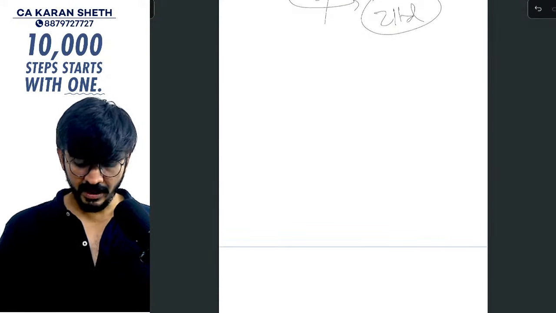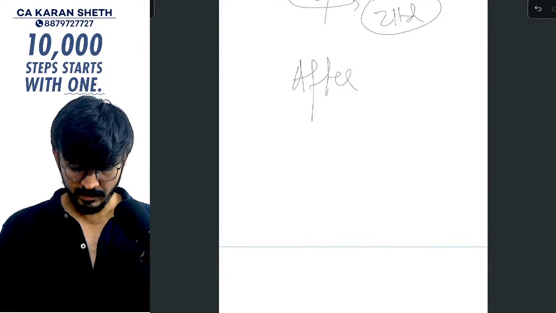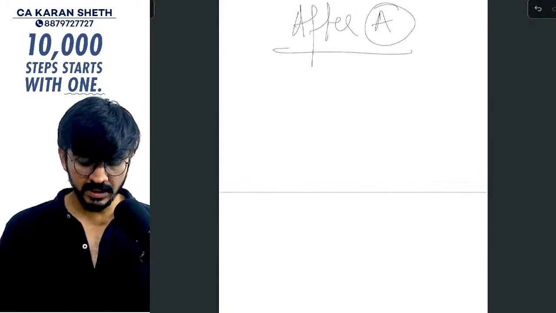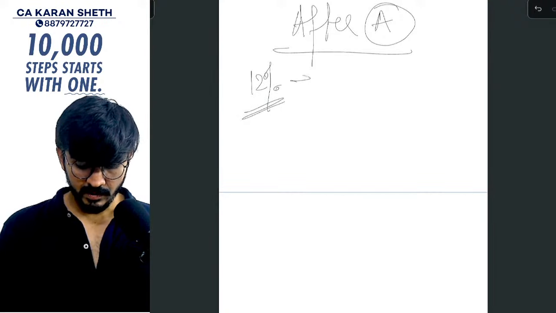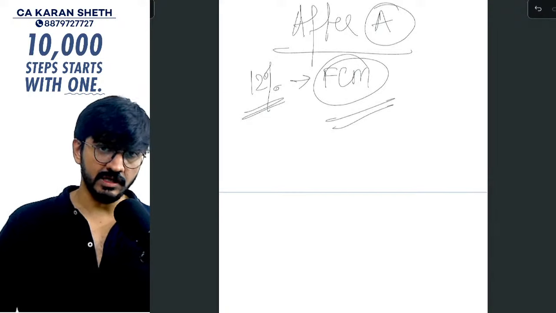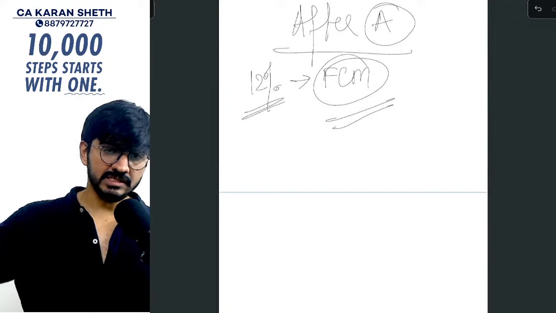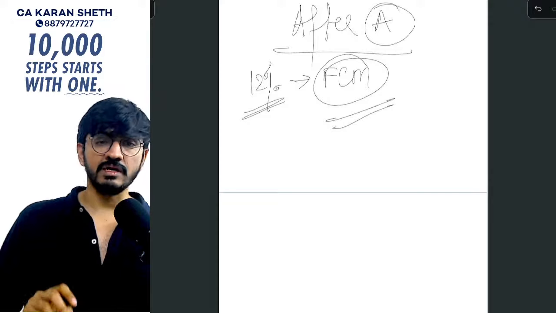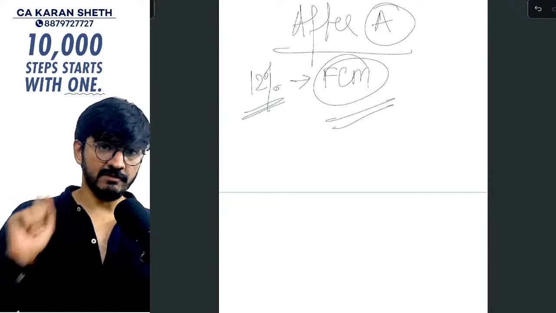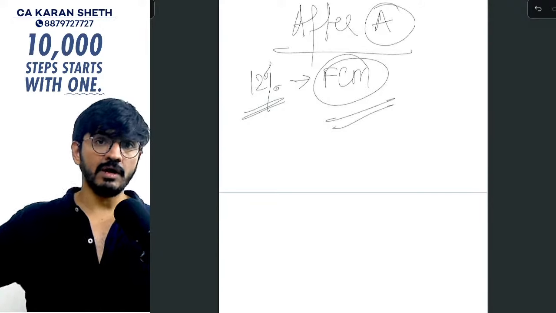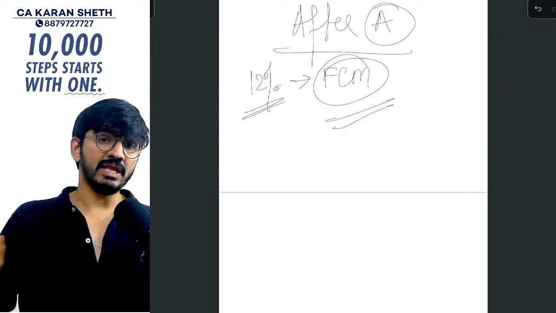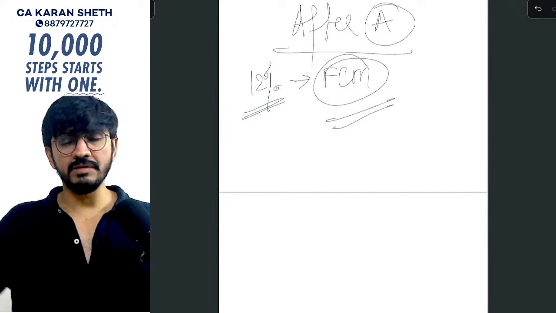But after the amendment, right, he cannot do that, because he will now have to, if he wants to opt for 12%, he will have to seek permission from the jurisdictional commissioner. He has to register himself, and he has to write a request to the jurisdictional commissioner that I want to pay taxes per FCM, and that will be valid for 1 year, where he will only pay tax now as per FCM.